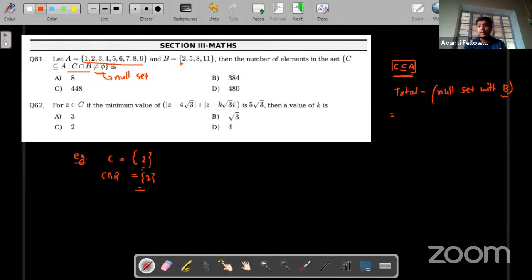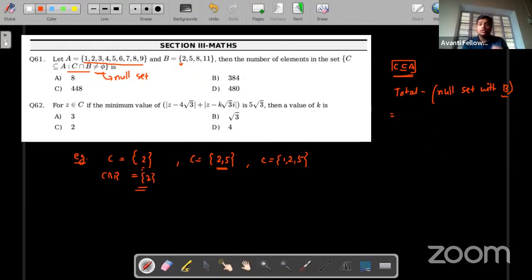So this could be one of my sets. There can be some more sets. For example, C equals {2, 5}, or C equals {1, 2, 5}. Now you can see what I'm doing. I'm deliberately taking those elements such that C intersection B becomes a non-null set, or any non-void set.